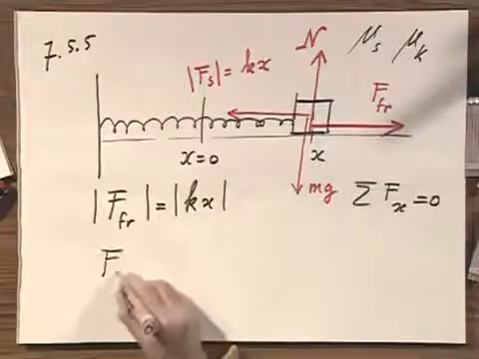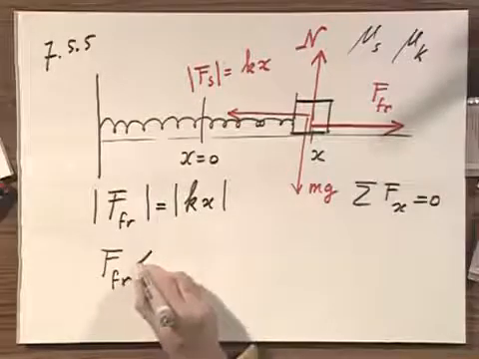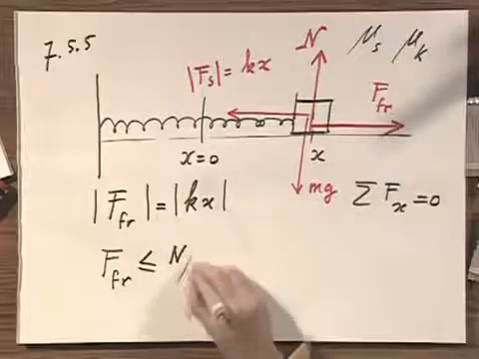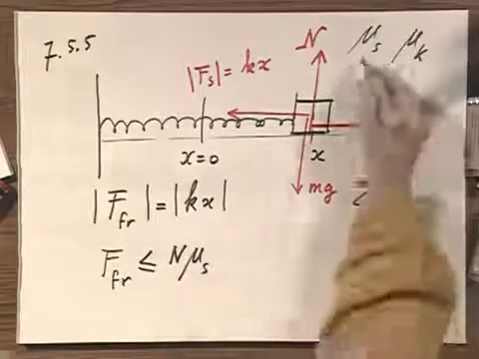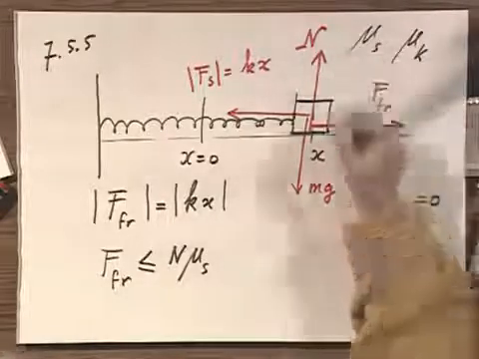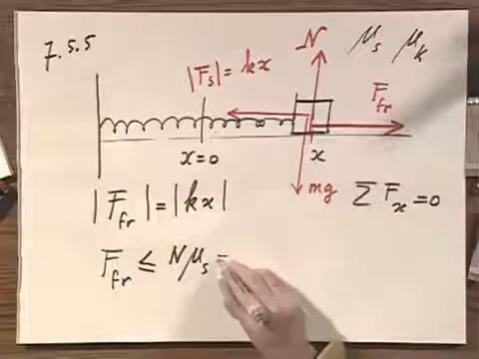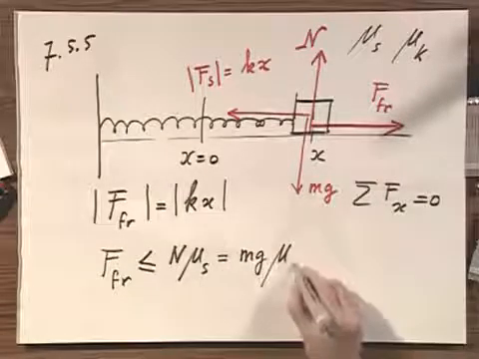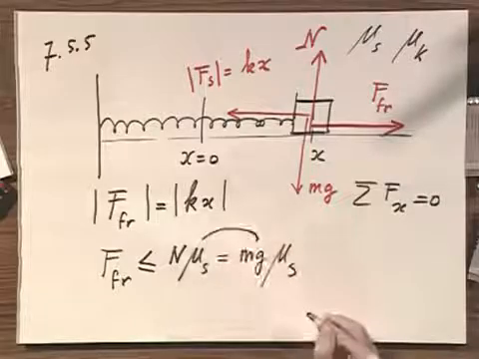Now, the frictional force is always less or equal to the normal force times the static friction coefficient. It's static because it has to start moving from 0 speed. Now, N equals mg, you see that immediately, so this equals mg times mu s. This is correct.